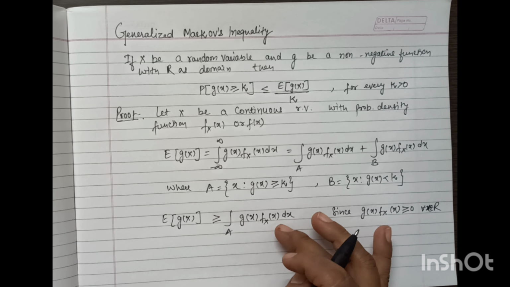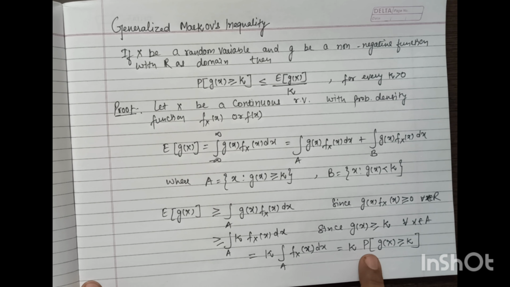Why? Because A is a set where the value of the function is greater than or equal to k. That's why this integration is providing us the probability that g(x), as the random variable x takes values, is greater than or equal to k. So that is why this is convertible to a probability.